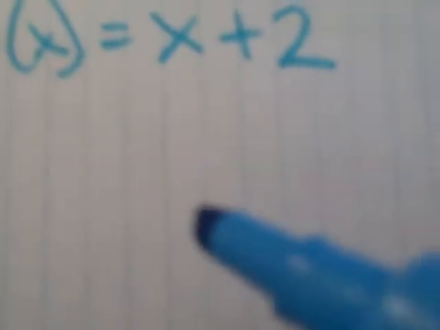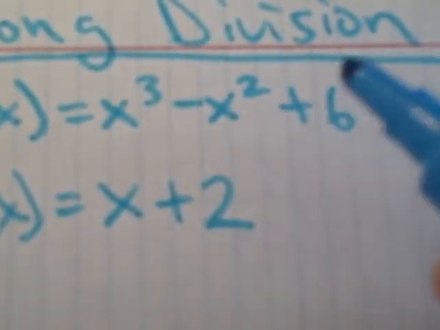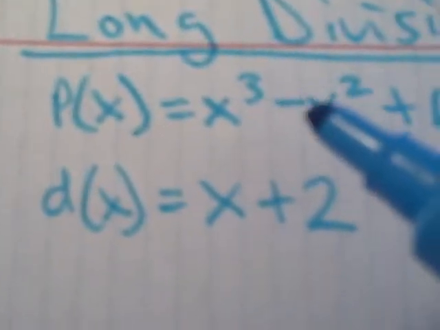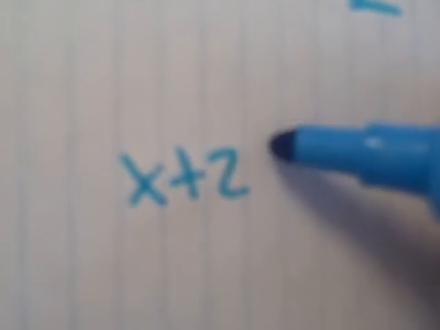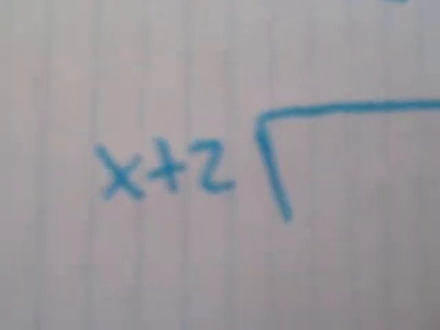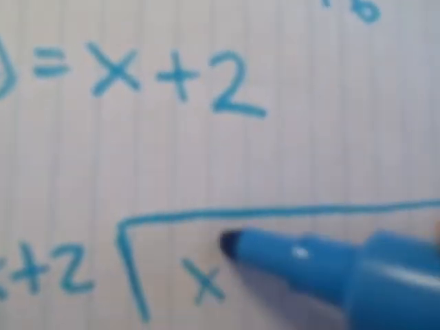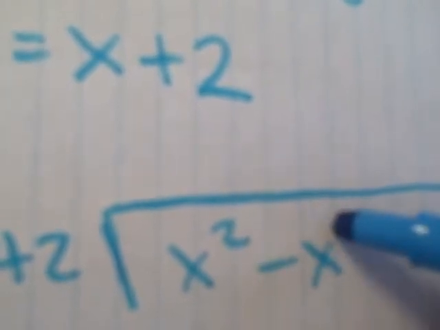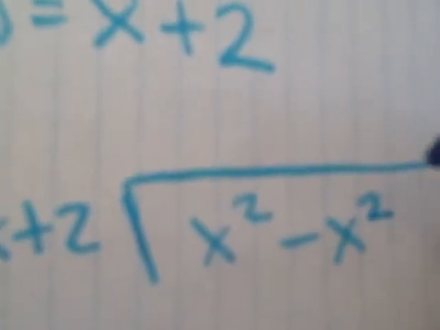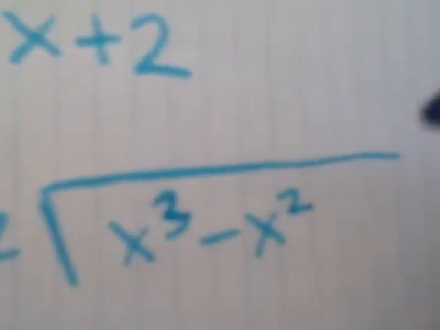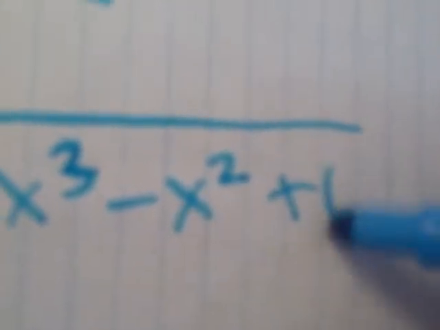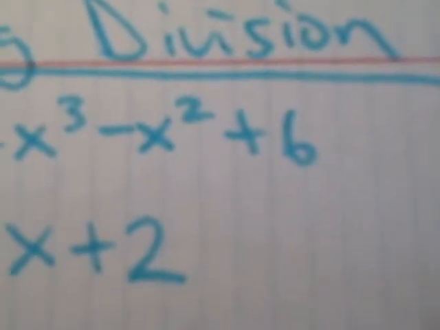And let's start off by, we're going to be dividing this p of x with d of x. So it would be x plus 2, and then underneath the division sign, it would be x cubed minus x squared plus 6, which is our original problem.